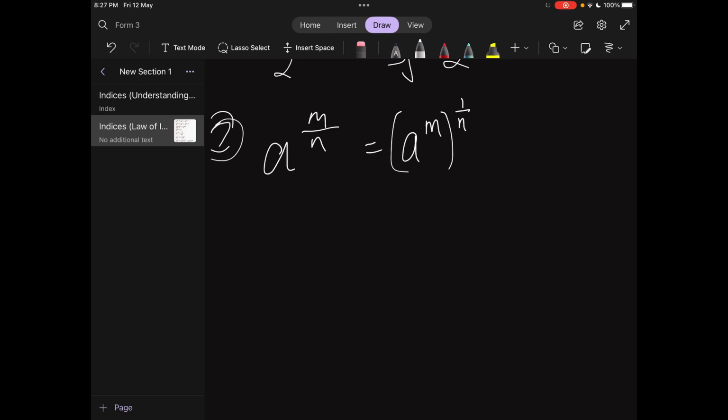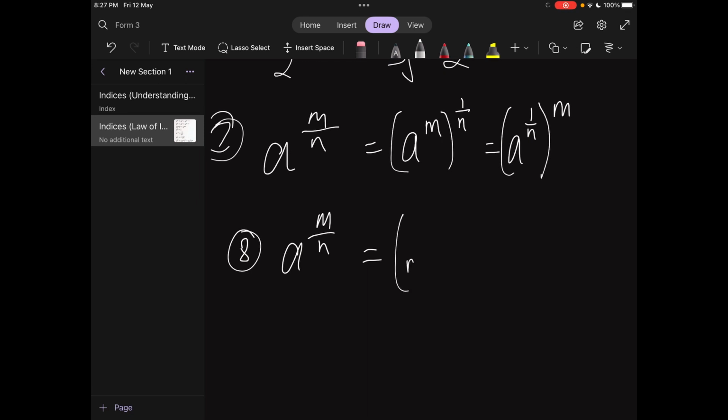So we can also write this as a to the power of 1 over n, to the power of m. If you see carefully, it's just rearranging the order, but essentially the concept is the same. Then it can also be written in root form.